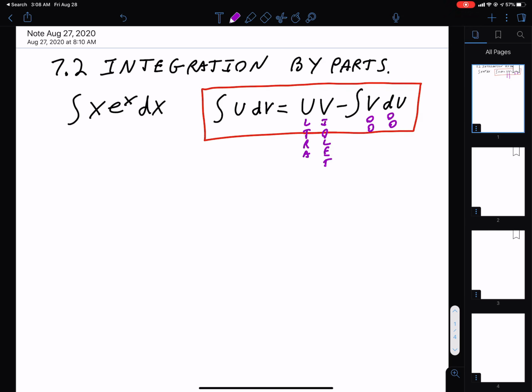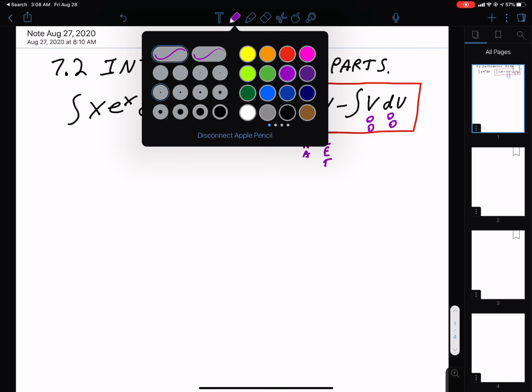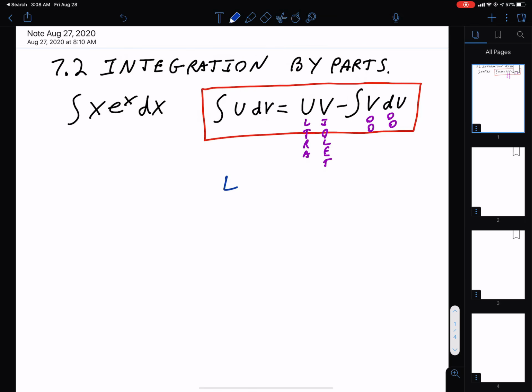So here's the next thing that you should know. We're going to do LIATE. And what is LIATE? This is to select u. Another mnemonic. So first, you look for any log functions. Then you look for inverse trig functions.